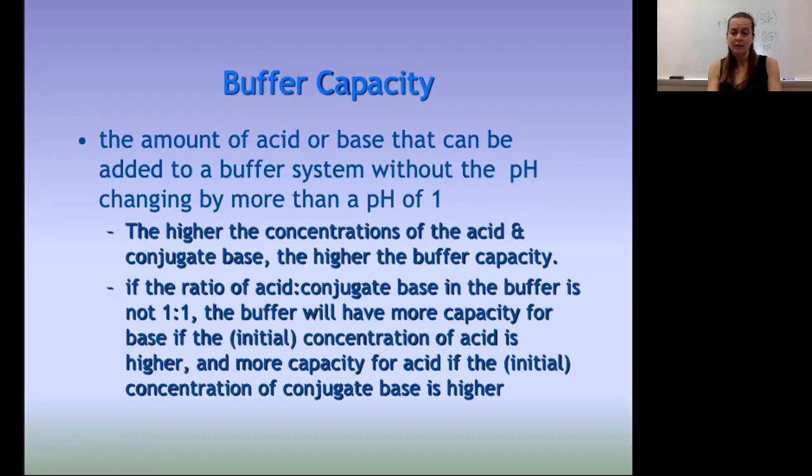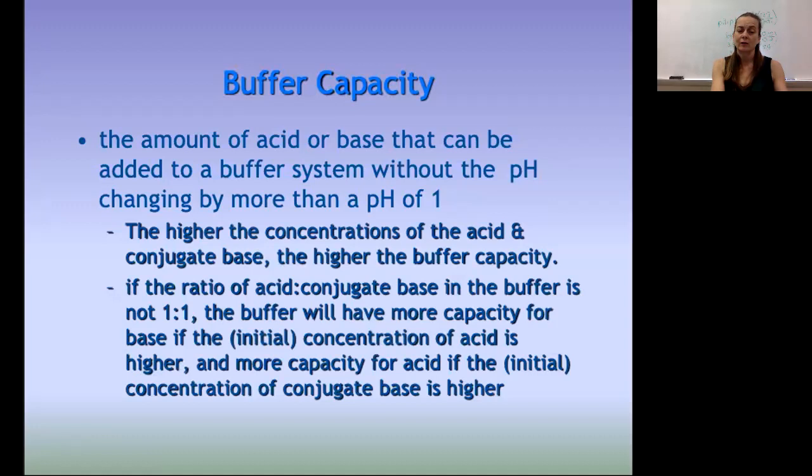The other piece of this that we want to think about is the idea that if the ratio of conjugate base to acid or acid to conjugate base is not 1-to-1, the buffer is going to have more capacity in one direction than another. So if you have a higher initial concentration of acid, it's going to have more capacity for base.